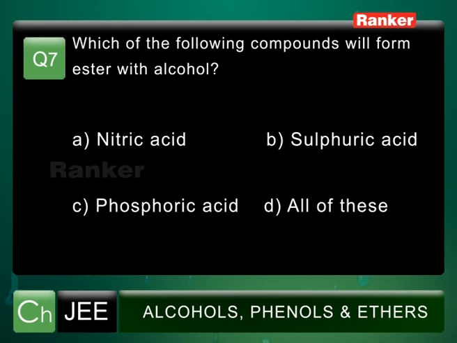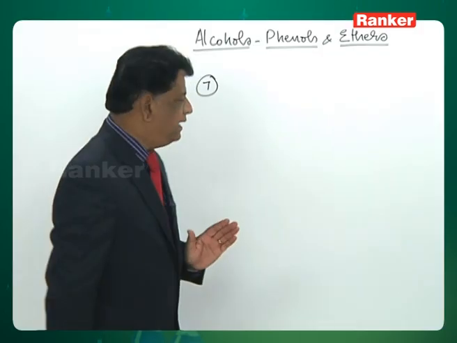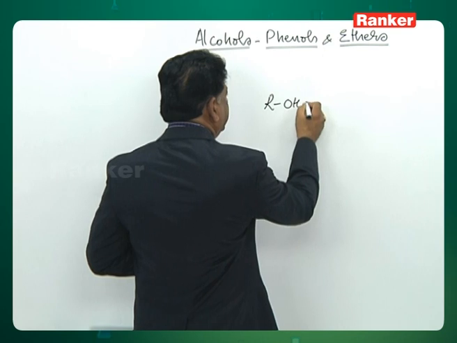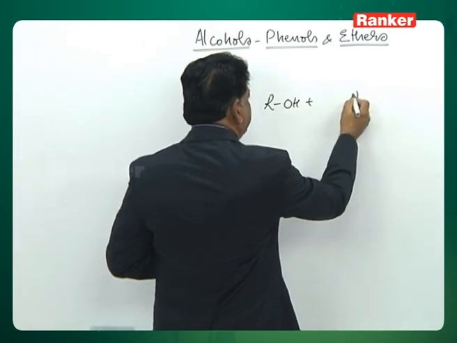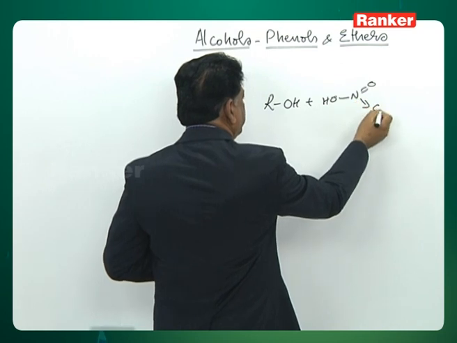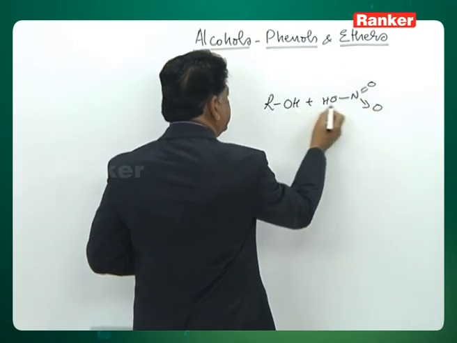So all this will give the esters, but they are not the organic esters. Let us say nitric acid and alcohol, I will show. An alcohol reacting with nitric acid. Nitric acid is what? An OH, a double bond O, and an O. So this OH and that OH reacting.